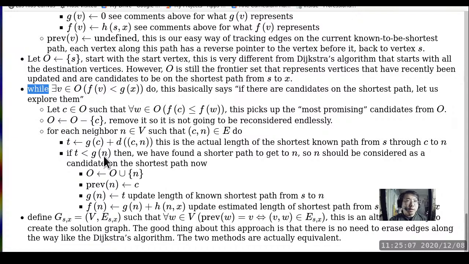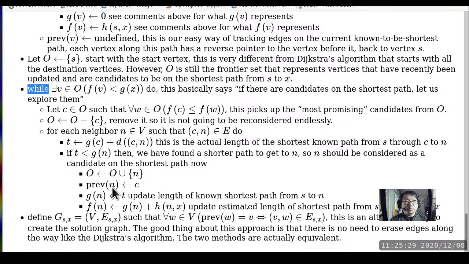This is analogous to finding a shorter path from a vertex to a destination in Dijkstra's algorithm, except the direction is opposite. What we do here is very similar, except we don't have an E prime. I chose a slightly different way to represent the solution graph.